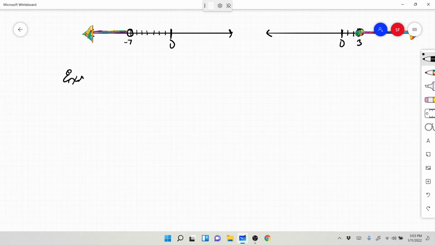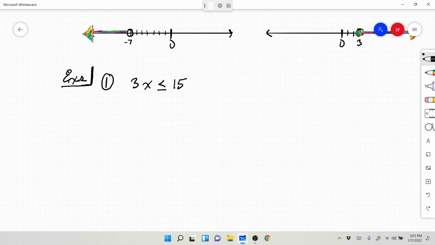And we're going to learn that with one exception thing that I was talking about a minute ago: exceptions suck. So the first one we're going to do is 3x is less than or equal to 15.